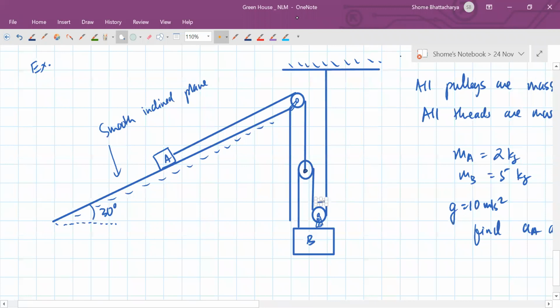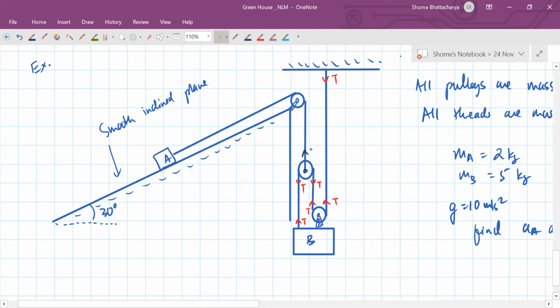Okay, so let us understand the constraint relation to begin with. Tell me the constraint relation first. You have to understand that if this string has a tension T, then how much is the tension in this second string?